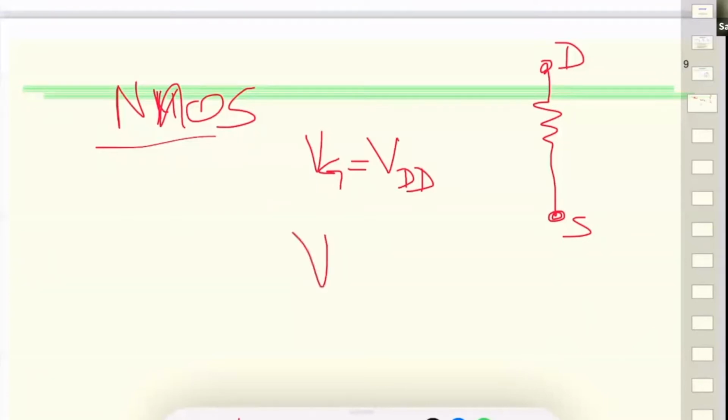And if there is no gate voltage, we would consider it to be an open circuit. So when you're controlling, that's the situation in both cases.